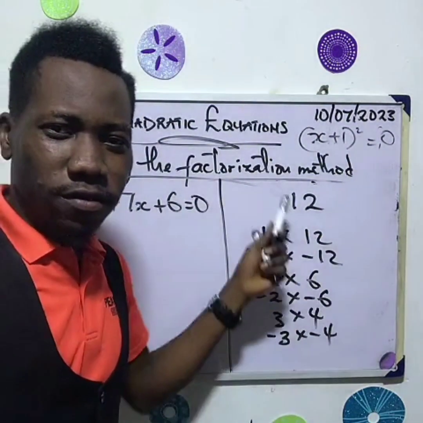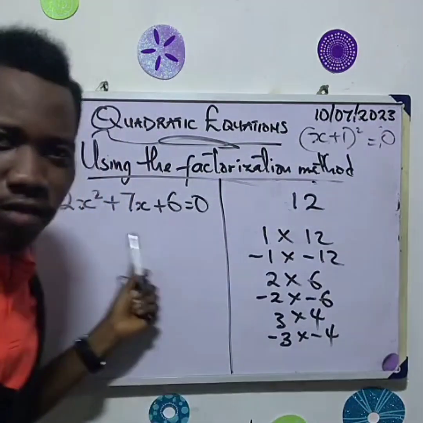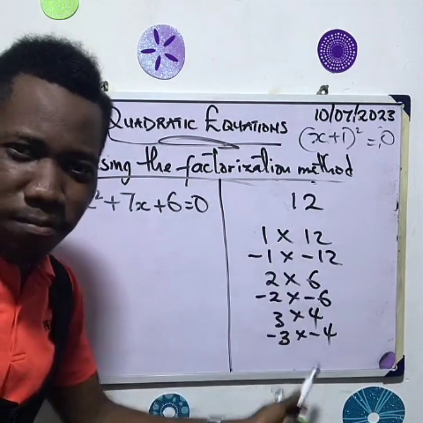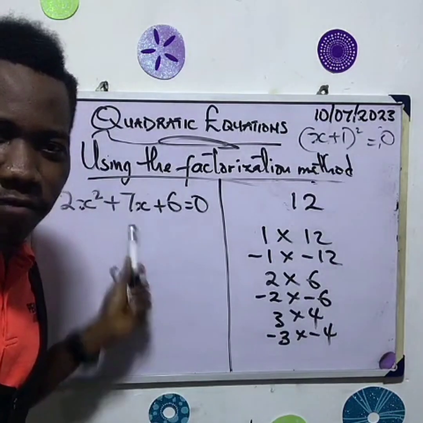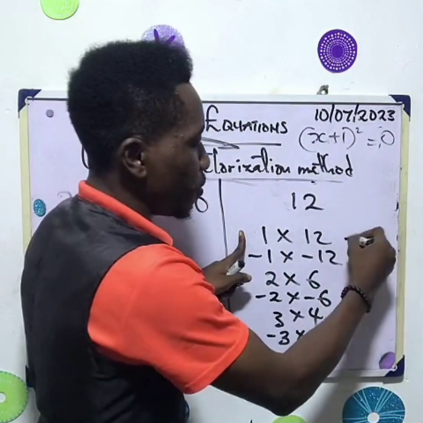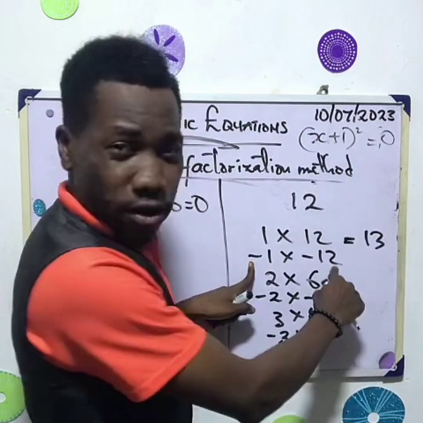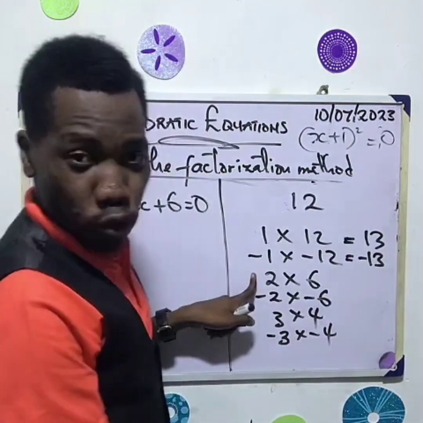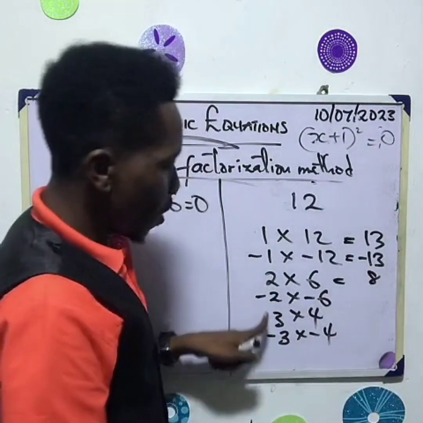So now amongst all of these, which pair of numbers will add up to give us plus 7? Let's see. 1 plus 12, 13. Minus 1, minus 12, minus 13. 2 plus 6, 8.